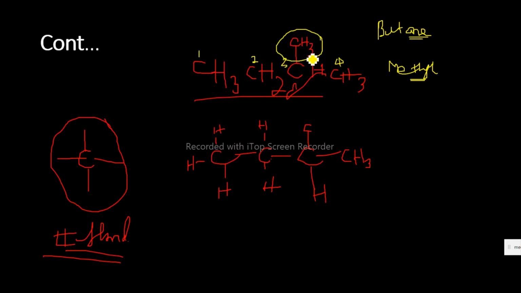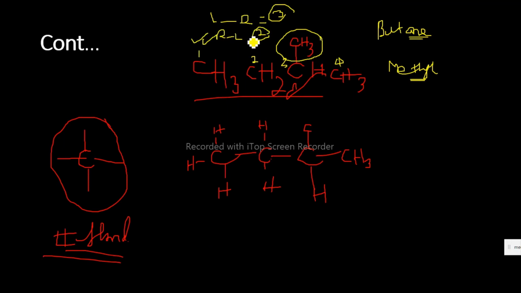Now, since it is a methyl group, we need to find which carbon atom it is attached to. Okay? And if we count from left to right, the methyl group is attached on carbon number 3. But if we count from right to left, the methyl group is attached on carbon number 2. So we take the side that gives us the lowest locant.